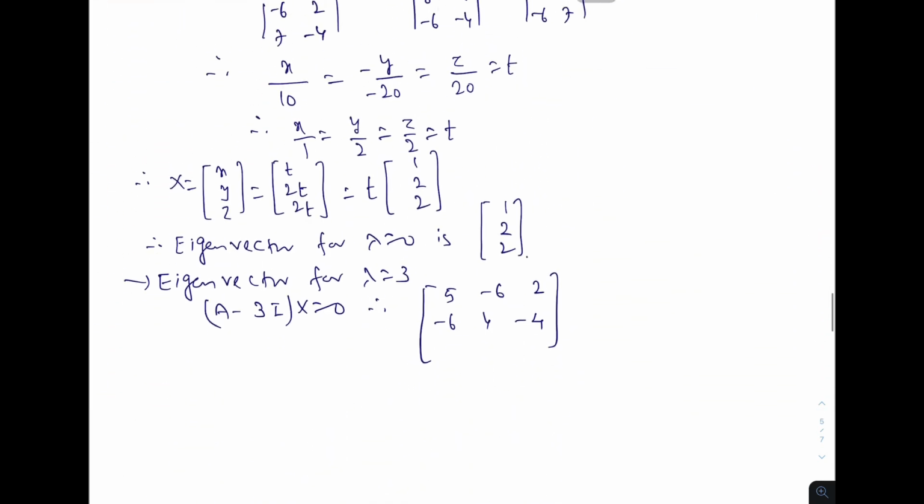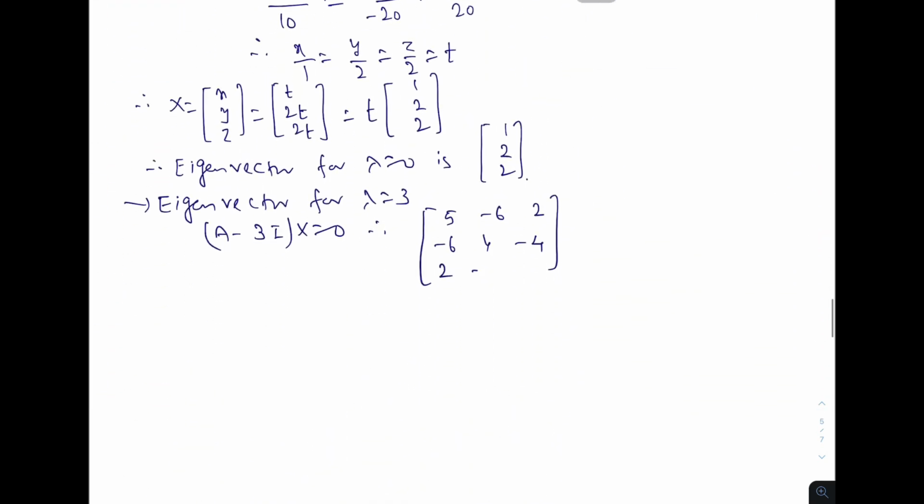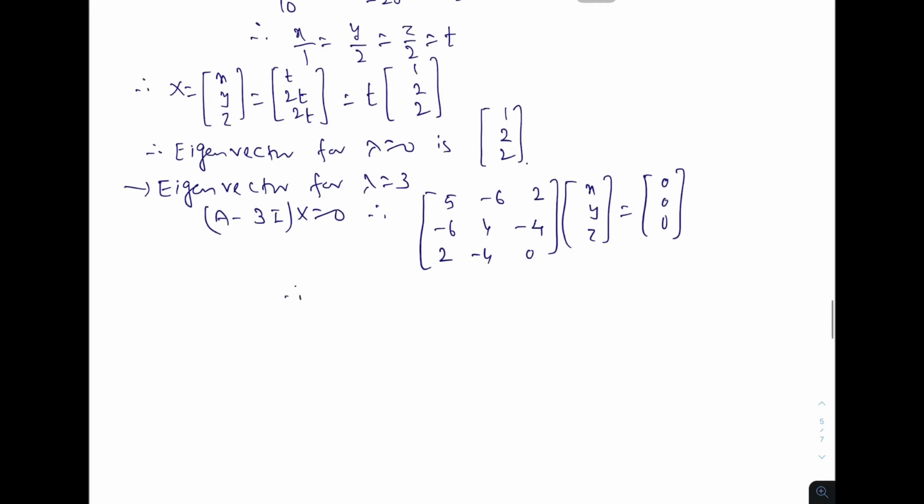So 2, minus 4, 0, and x y z equal to 0 0 0. So therefore this is 5x minus 6y plus 2z equal to 0.